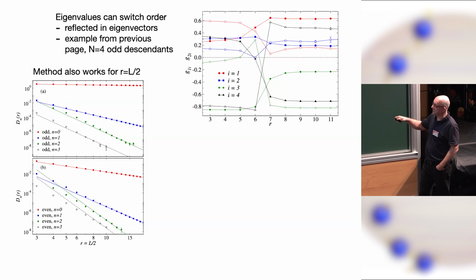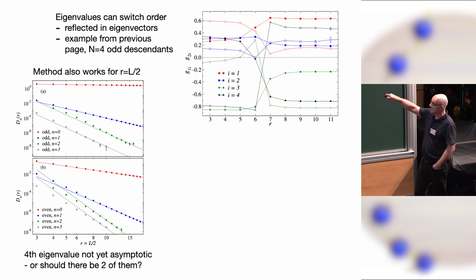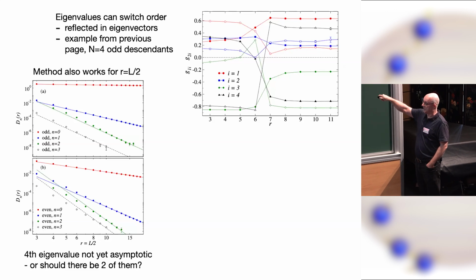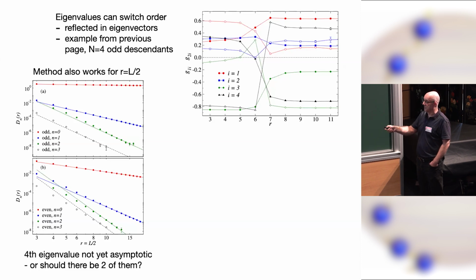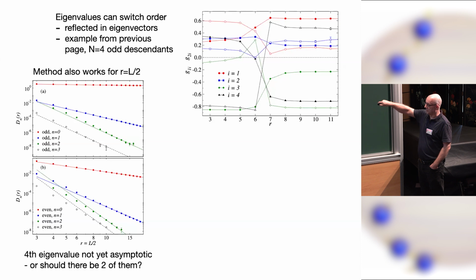There's a little bit of a mystery to me here. So this 4th eigenvalue, in this case I also resolved the 4th one, but it doesn't decay as the 3rd descendant would. It still has the same decay as that one. And that could be because it has not reached the asymptotic behavior, or maybe there should be 2 of them.